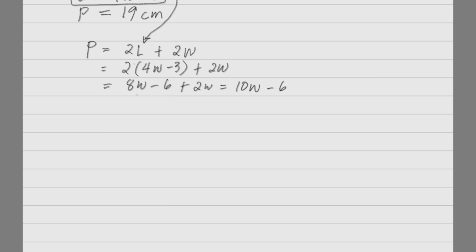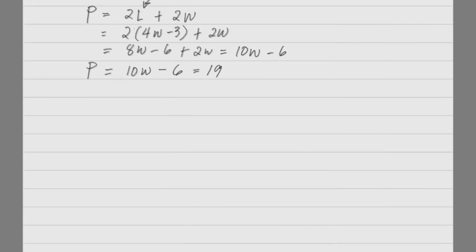And then, if we want to simplify that further and get the value of W using the 19 centimeters, or equating the simplified equation to 19, we will be writing this like so: 10W minus 6 is equal to 19.